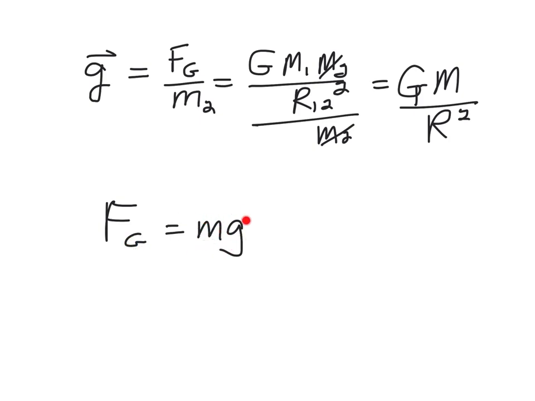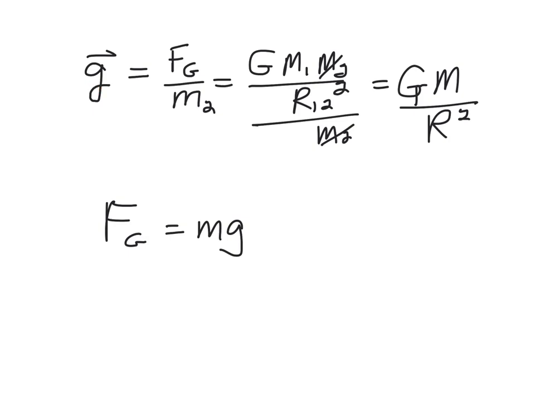It's just the mass times the gravitational field strength, the strength of gravity at any location, measured in newtons per kilogram. And so if we divide both sides by m, we get a definition for g, the gravitational field.